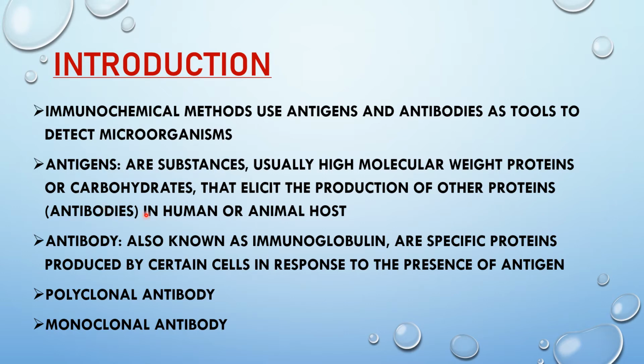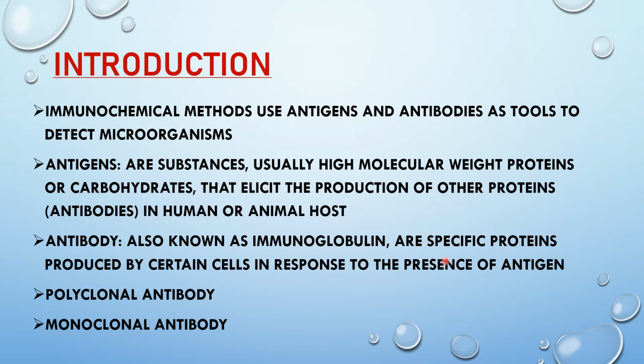What are these? Antibodies in the human or animal host. Antibody is also known as immunoglobulin. These are specific proteins produced by certain cells in our body in response to the presence of an antigen.